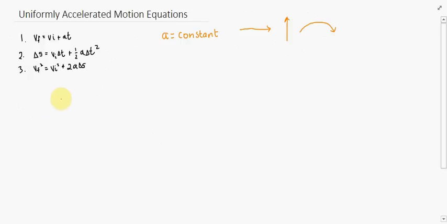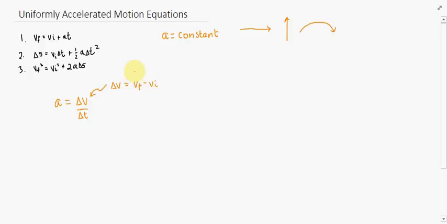Okay, so we all know by this stage already that acceleration is defined as the change in velocity over the change in time, whereby this change in velocity is defined as the final velocity minus the initial velocity.